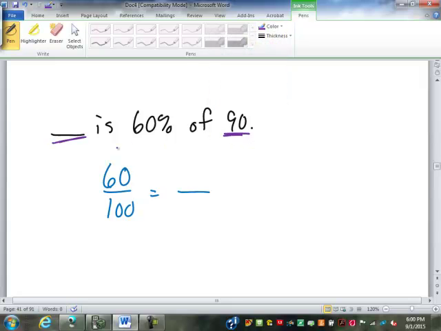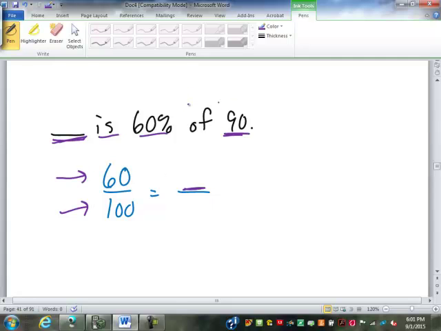We have to figure out which one of them matches up with the 60, which is our percent, and which one matches up with the 100. Now, the 100 can also be thought of as a percent. 100% is the whole thing, or a starting value, or initial value. So in this case, it's pretty obvious blank is 60%. So that missing number matches up with the 60.